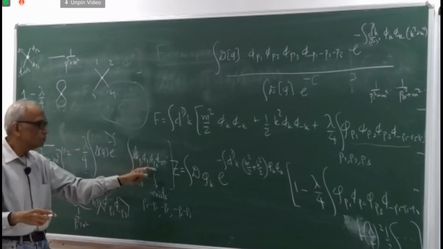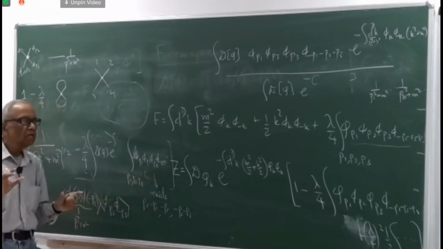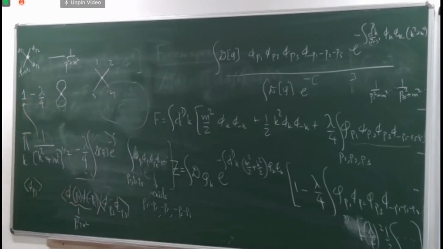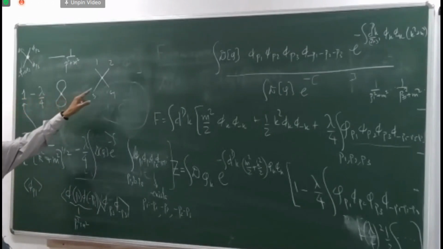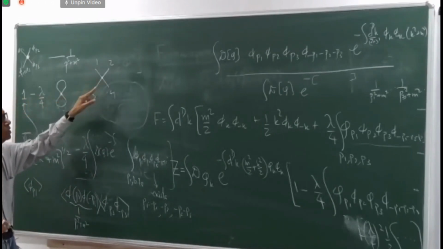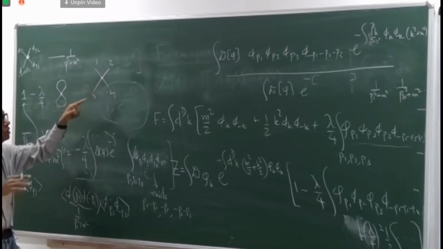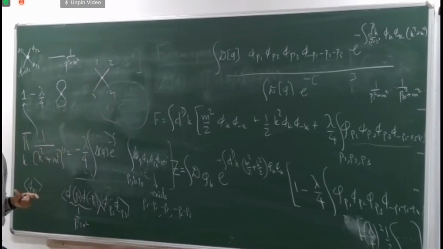If I did not go through that language, I could just draw this picture over here and count how many ways in which I could draw a closed figure. And that would give me the factor of 3.